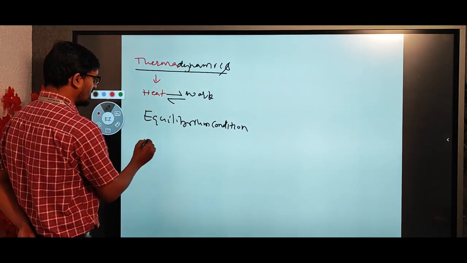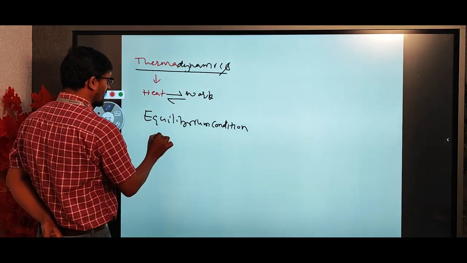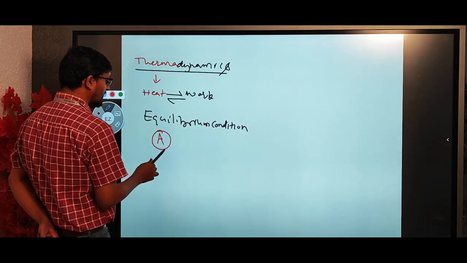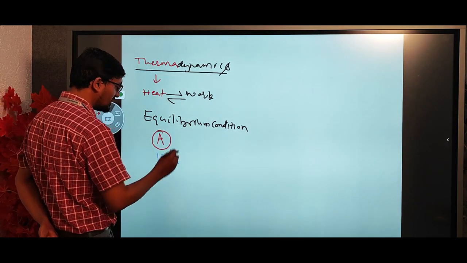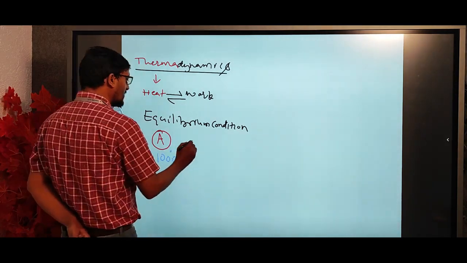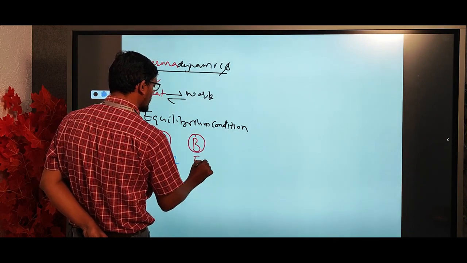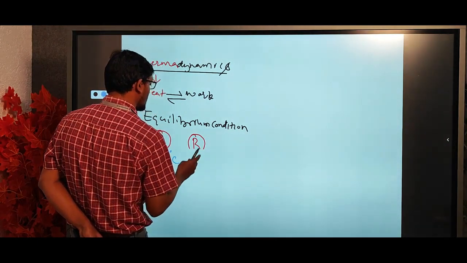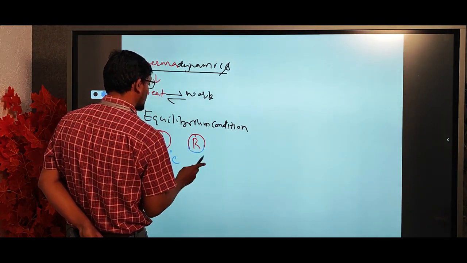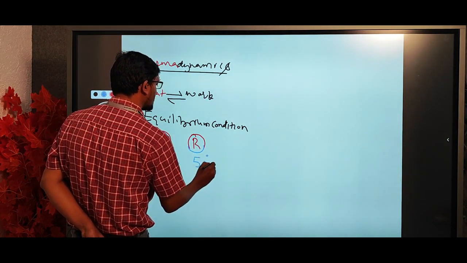For example, consider a body A having a temperature of 100 degrees Celsius, and another body B having a temperature of 50 degrees Celsius.